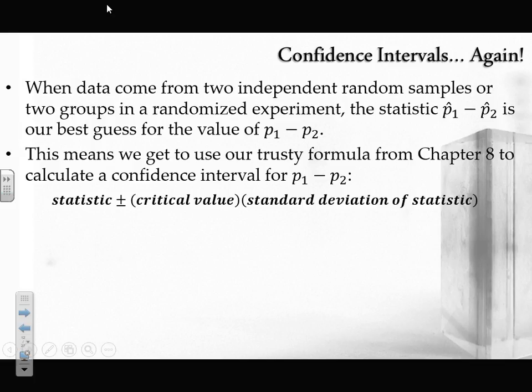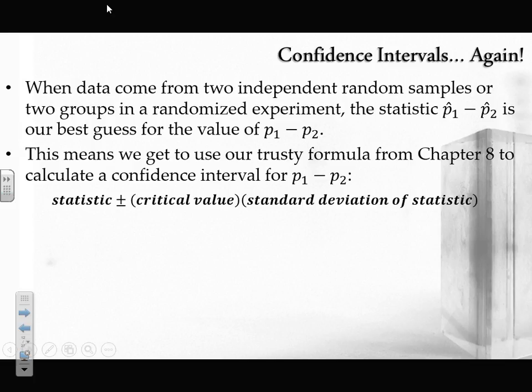And then when we say standard deviation of the statistic, that's actually talking about what? Standard error. And how do we find standard error? That's our formula here. Now this is the standard deviation for our entire distribution.